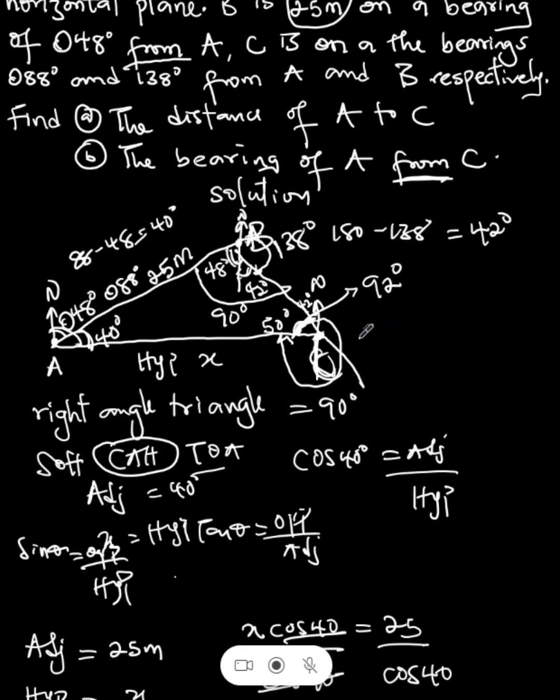If from this point to this point is 92 degrees, and a full turn is 360 degrees, then we get 360 degrees minus 92 degrees, which gives us 268 degrees. So this is 268 degrees. It simply means that the bearing of A from C is 268 degrees.